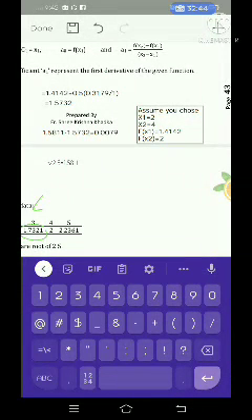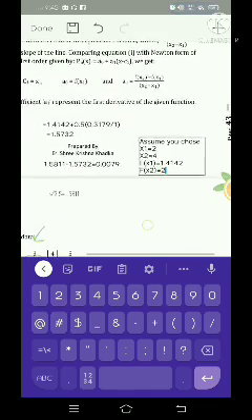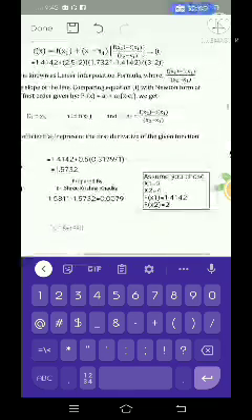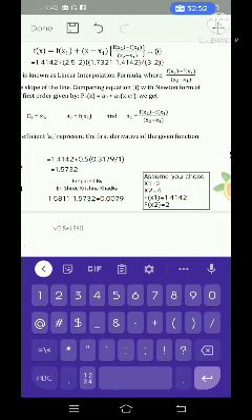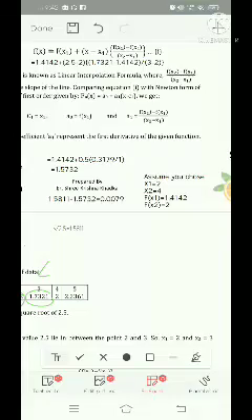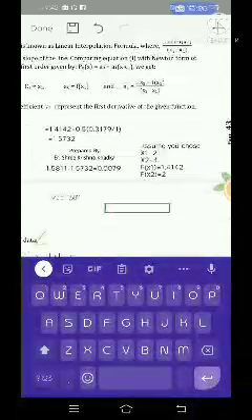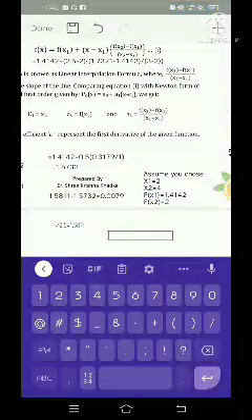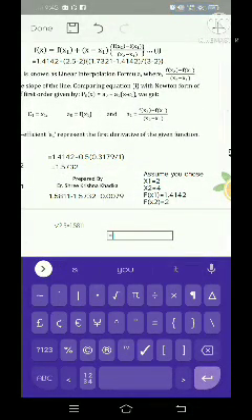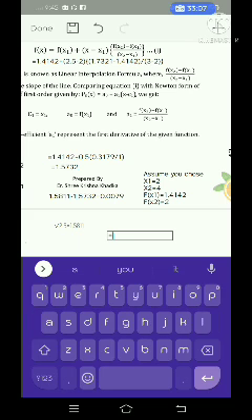How about if our x sub 2 is 4, what will be our fx2? So that would be 2. Okay? Now, using the same formula, let us substitute it.